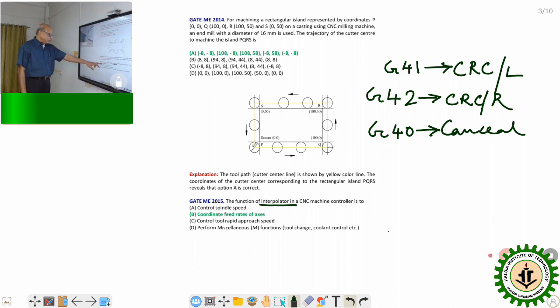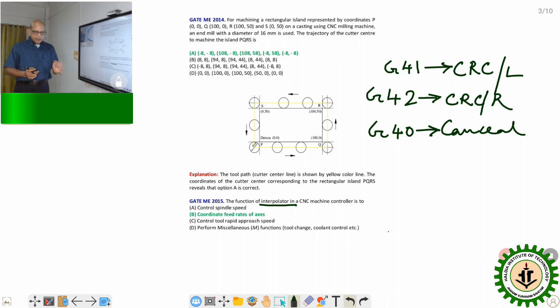For this one, control spindle speed. The spindle rotation has nothing to do with the machine control unit or interpolation activities. So, coordinate feed rate of axis. To get the desired geometry, the tool should follow the desired trajectory, that is the desired path, and also maintain the desired velocity as it is mentioned or incorporated in the program.